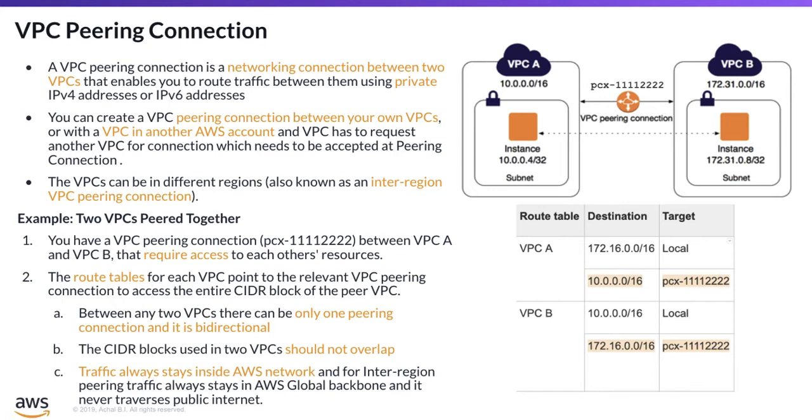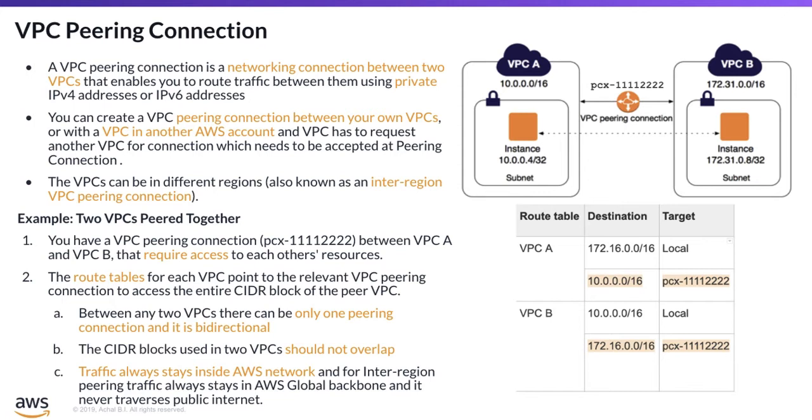Basically, you can have this peering connection within your account, or you can also have a connection between two VPCs with another account, and you can also have VPC connections between different regions within your account. So all these are possible with certain restrictions. We will talk about valid configurations and some of the invalid configurations as well.